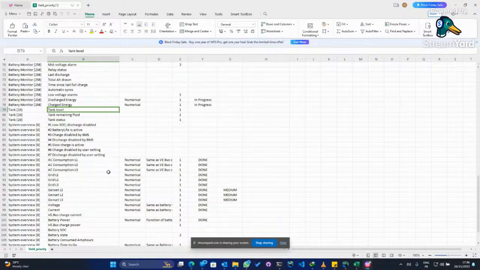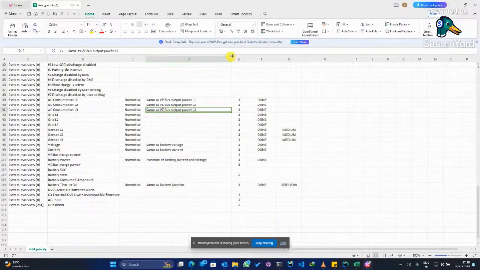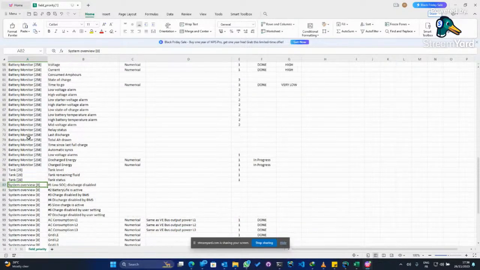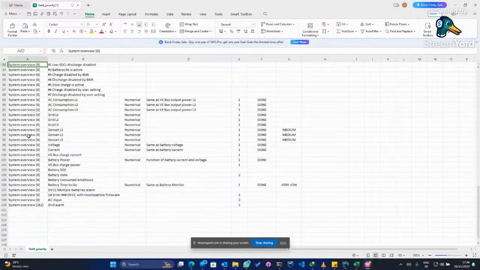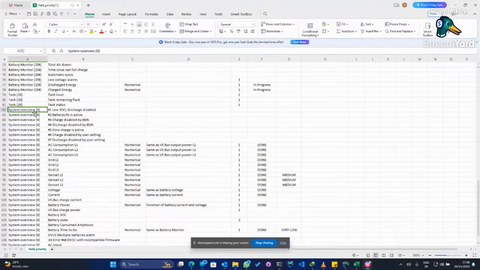But there is one thing I wanted to show you with this device called the system overview. As I mentioned before, the system overview and the VEBOS system are not actual physical devices, but you may see them as logical devices. The system overview shows the state of the grid and also the state of the genset.